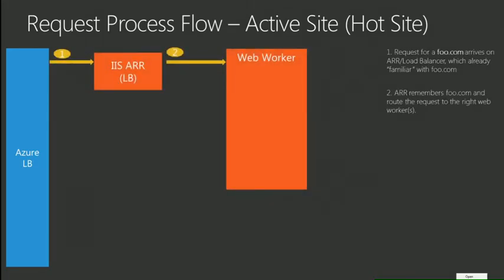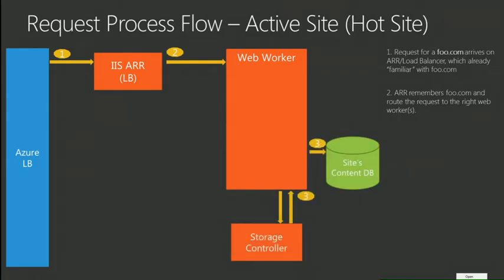The load balancer now has a cached list of web workers and websites, so we don't have to go back to the database. Then we just hit the storage controller to find our content, and we can return the traffic there. Now, if I had the situation where I had more than one instance, and I think we have a section about those, basically the load balancer would just have a list of all the nodes I'm provisioned to.